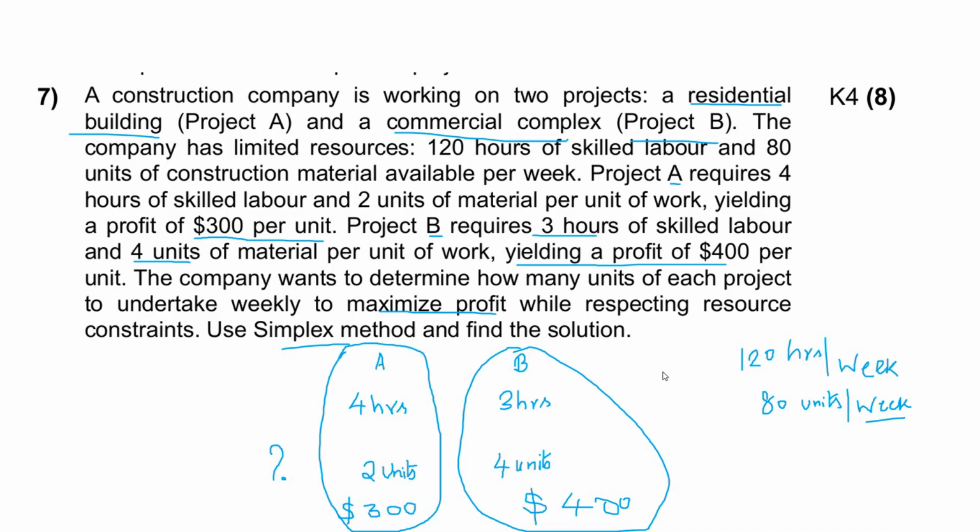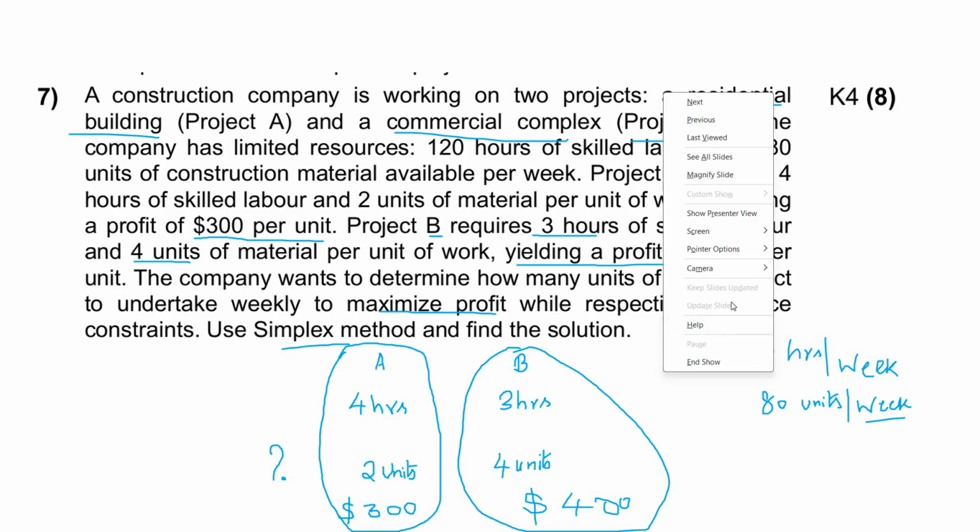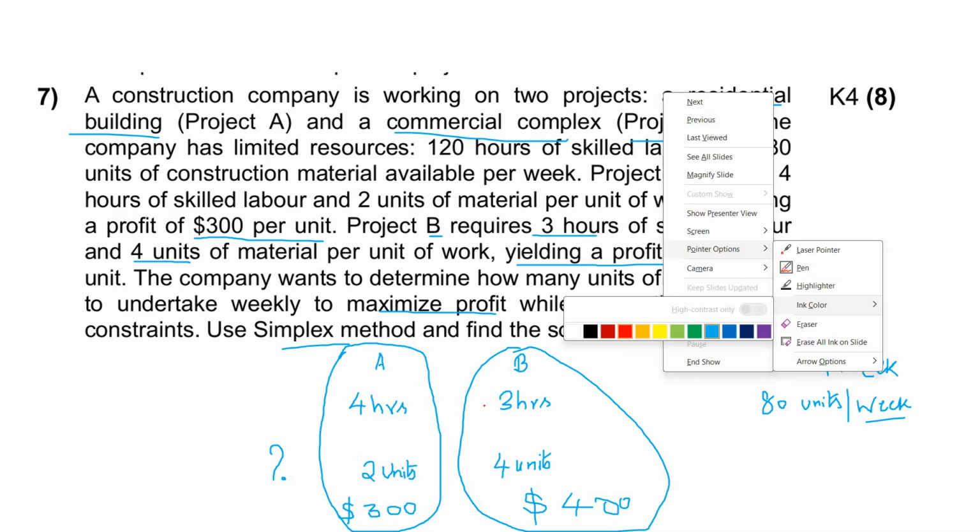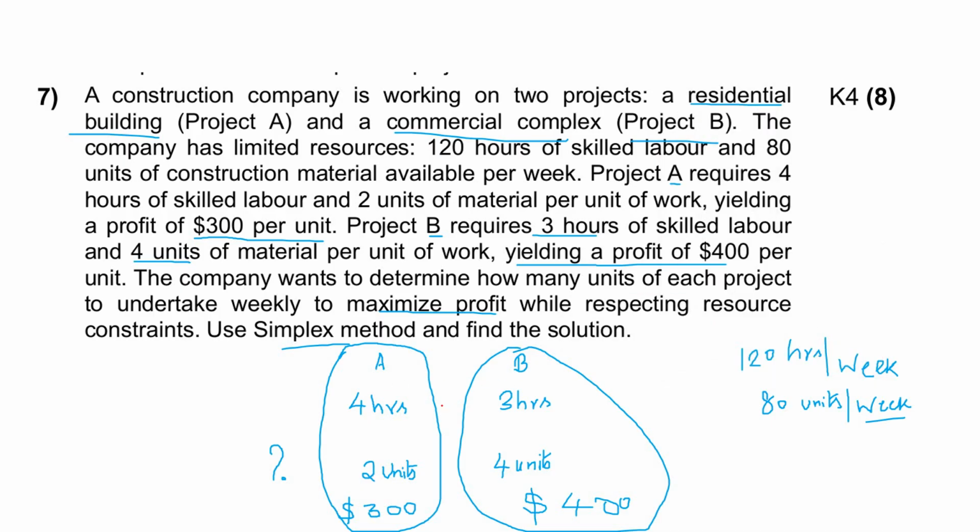Now let us frame the equations. While framing the equations, we have to analyze project A and project B. So project A plus project B should be less than or equal to 120 hours.